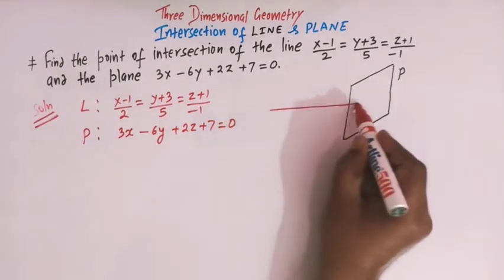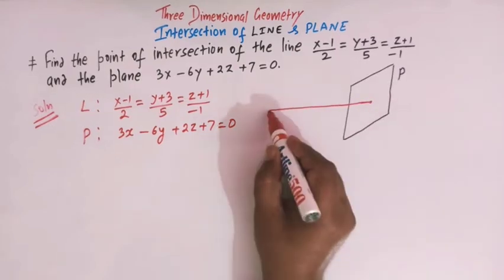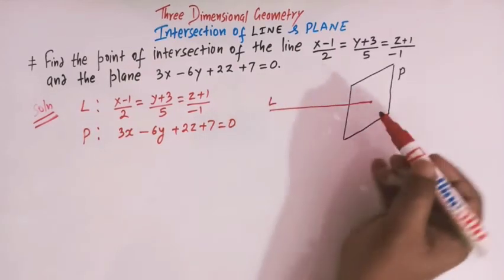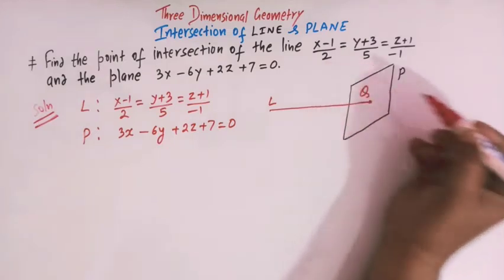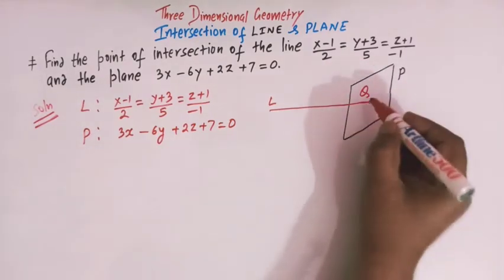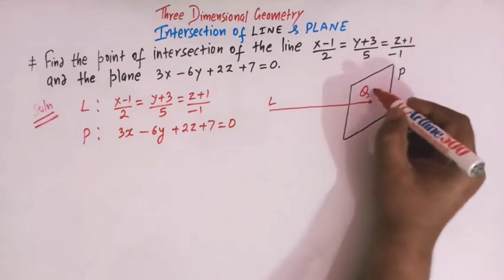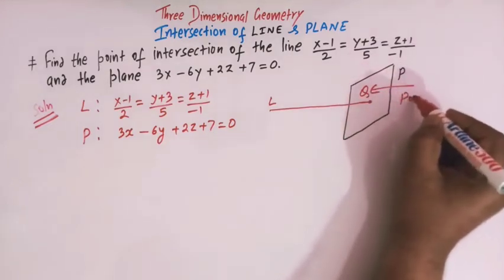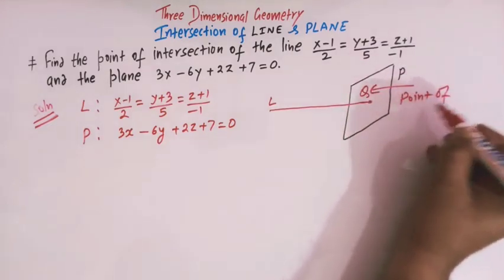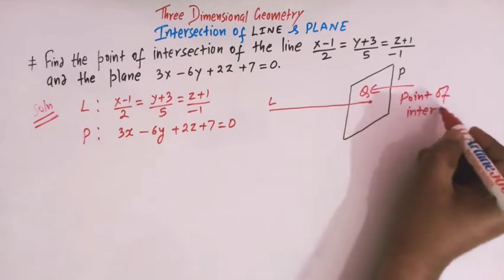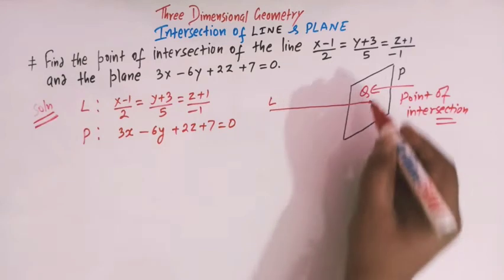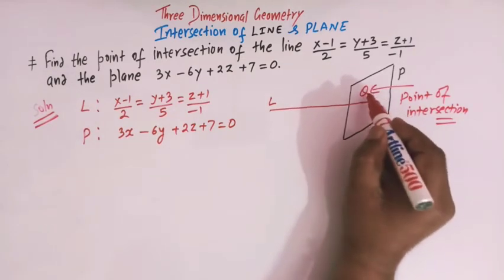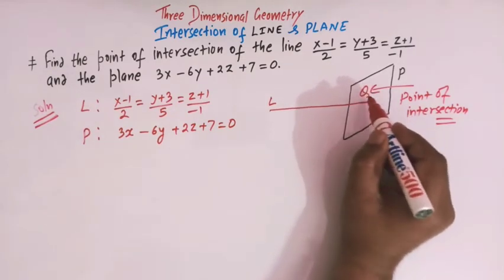This is the line, and let us take this point as Q. This point Q is the point of intersection of the line with the plane. So we have to find the coordinates of this point Q.